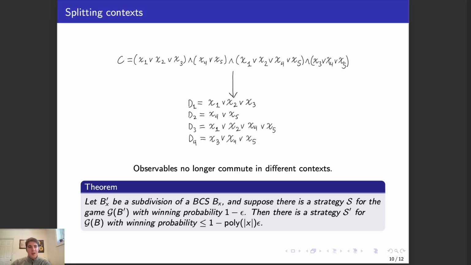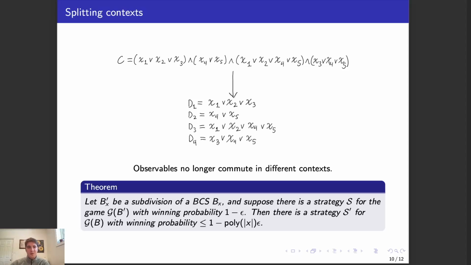For example, the observables for x1 and x5 in the original constraint C here will commute with one another because they appear in a constraint together. However, the observables for x1 in the constraint D1 and x5 in the constraint D2 are no longer required to commute with one another in this new constraint system that we generate via subdivision.